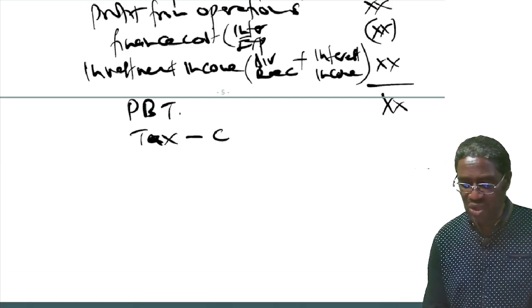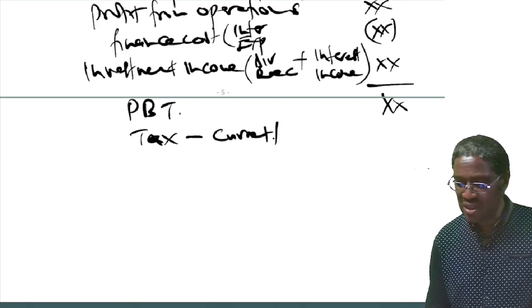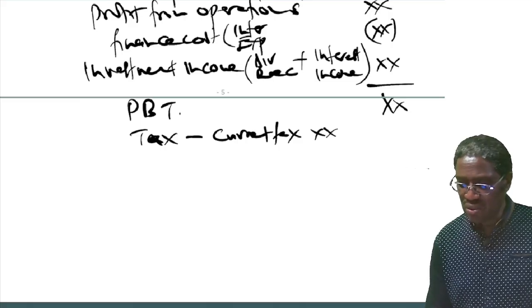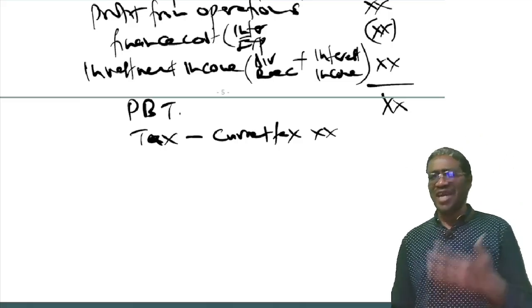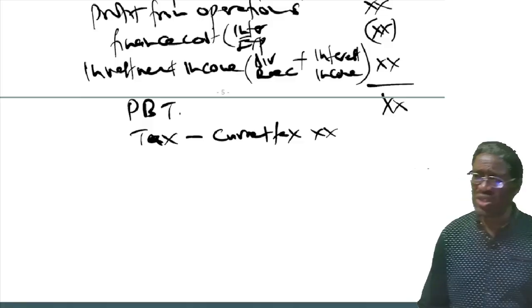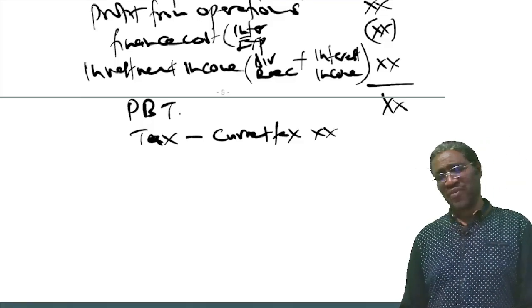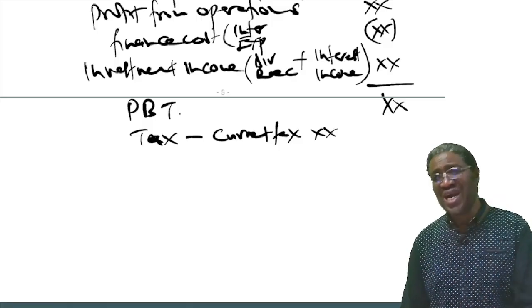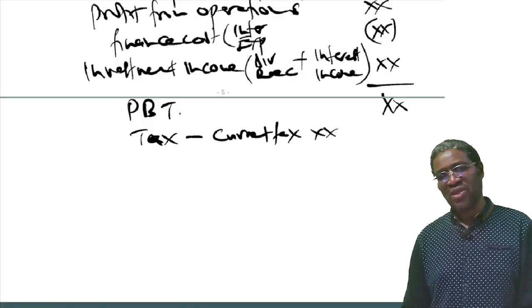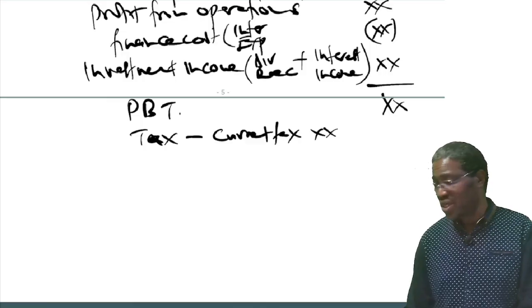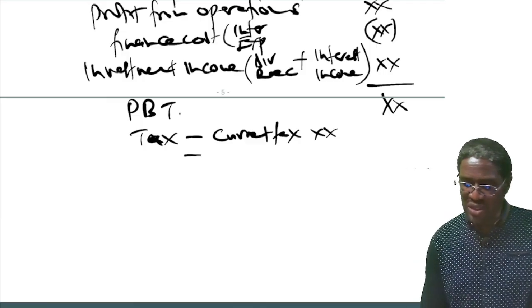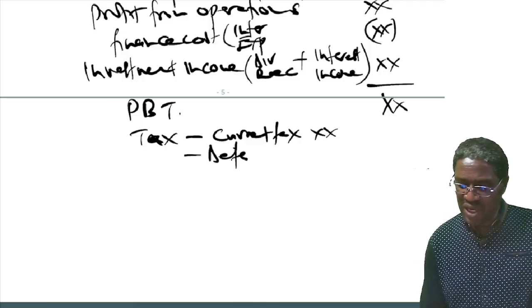One of them is what you could call the current tax. In financial accounting, some questions would call it corporation tax, but we also call it current tax. That's one form of taxation. The other form of tax is what we call deferred tax.